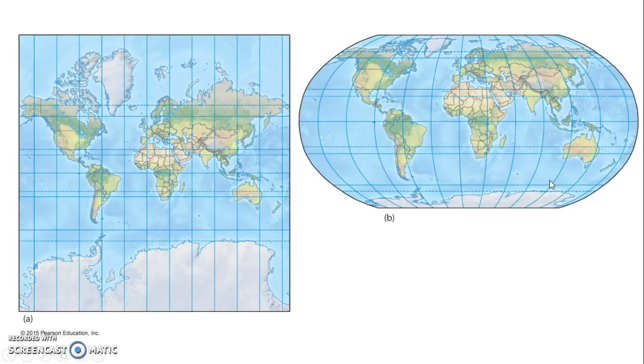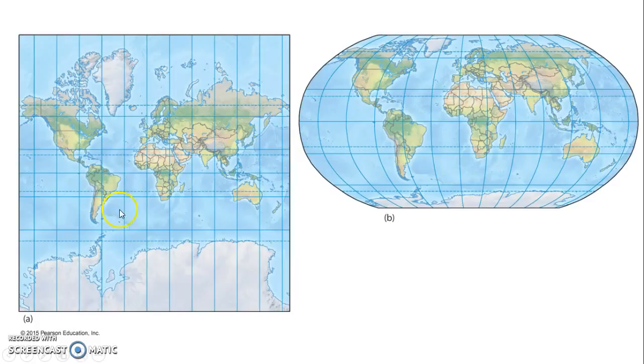Another concept is that of projections. The Earth is a sphere, well, not quite, but almost a sphere. And when we try to portray the Earth on a flat map, distortions are bound to happen.